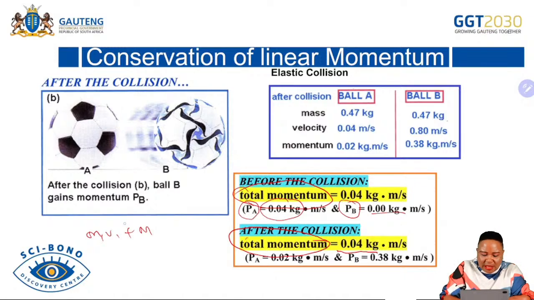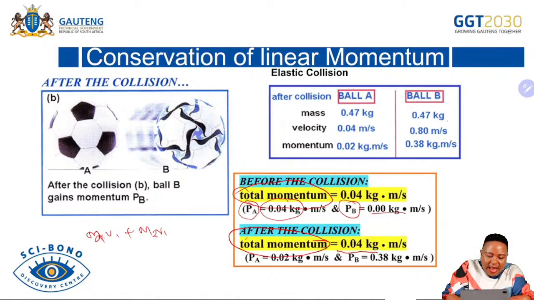Or I can say MA and MB, because it's pole A and pole B. We can label the way we want because we are provided with the symbols.